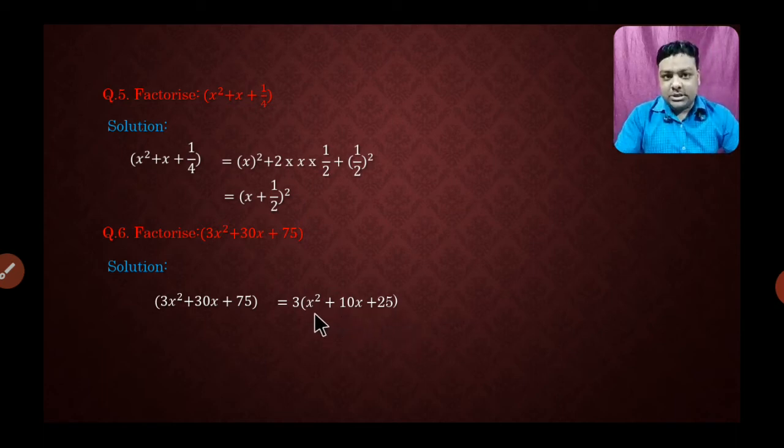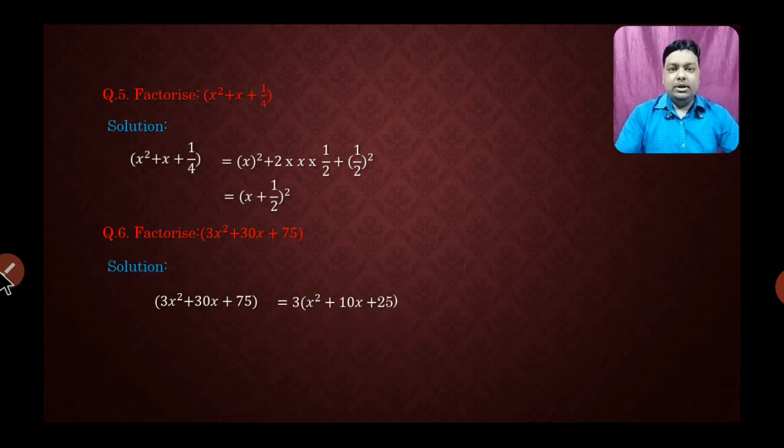Now you can see that the first term is x square and the last term is 25. Both are squares: x square is the square of x and 25 is the square of 5. It means we can apply the formula a square plus 2ab plus b square.